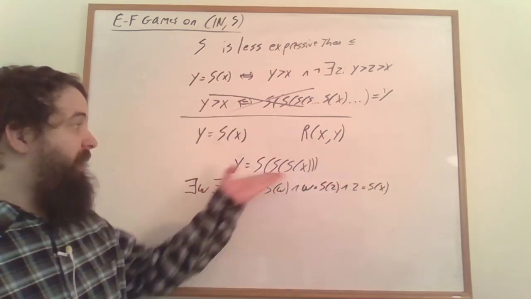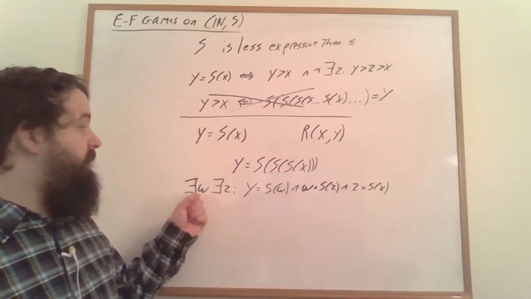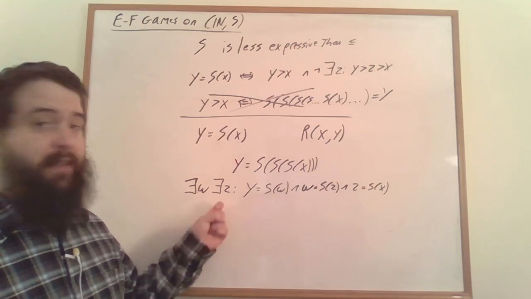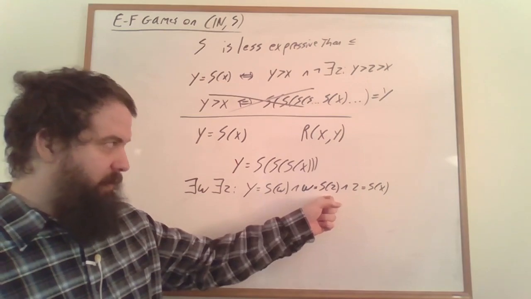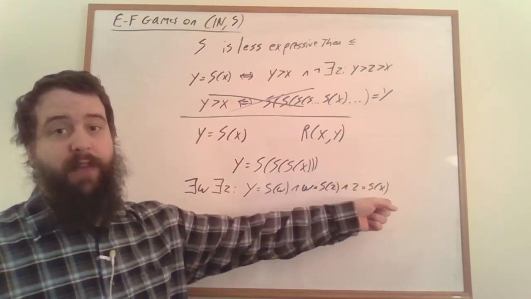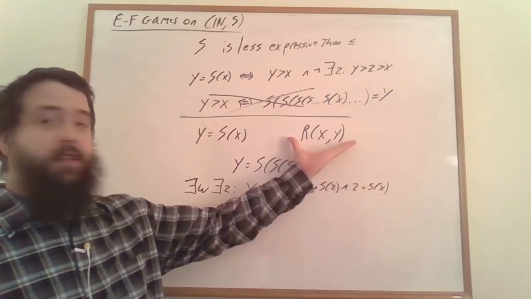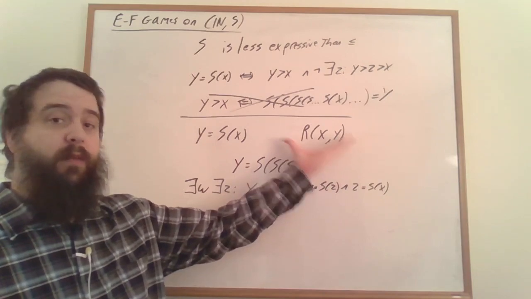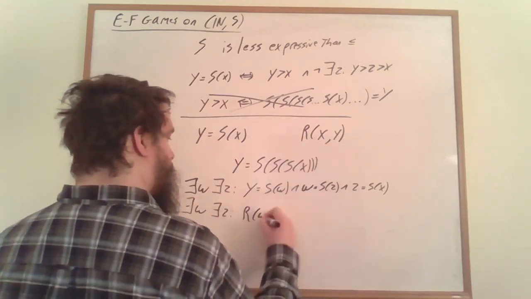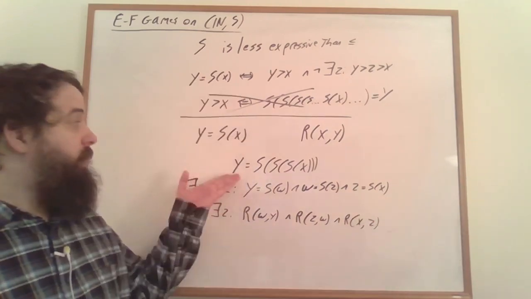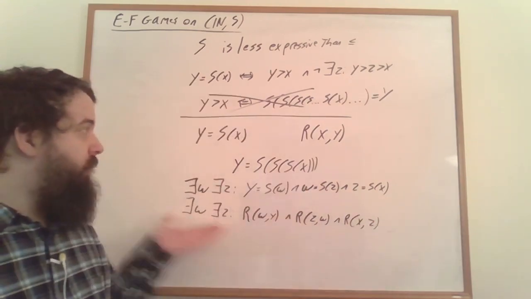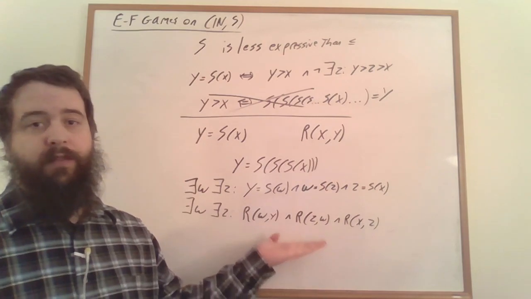We can translate this into saying that there exist intermediate variables w and z, such that y is the successor of w, and w is the successor of z, and z is the successor of x. And then we can translate it to being written in terms of this relation here. So any formula that we can write like this can be translated into the language of this particular relation.